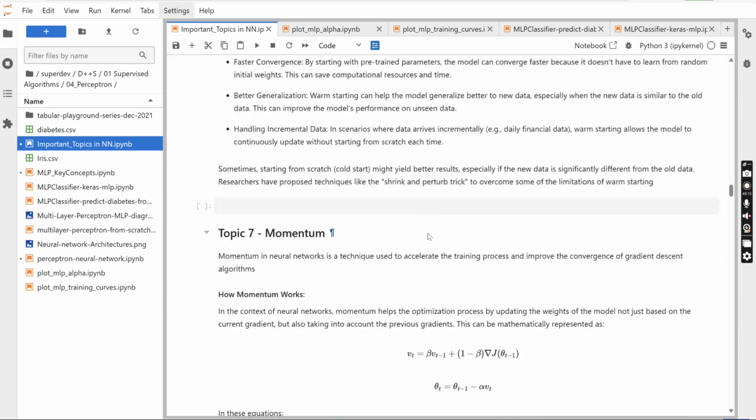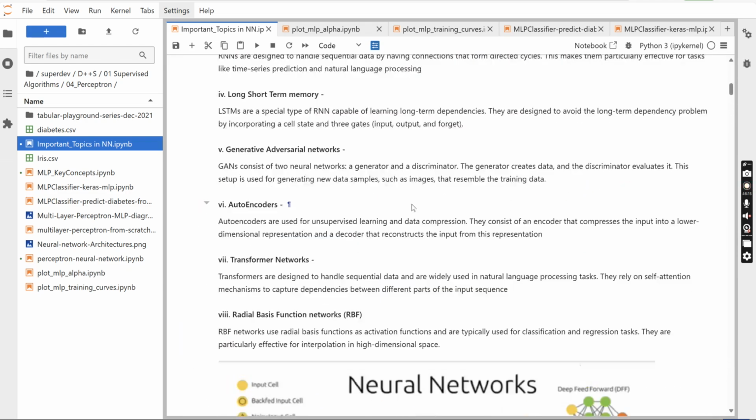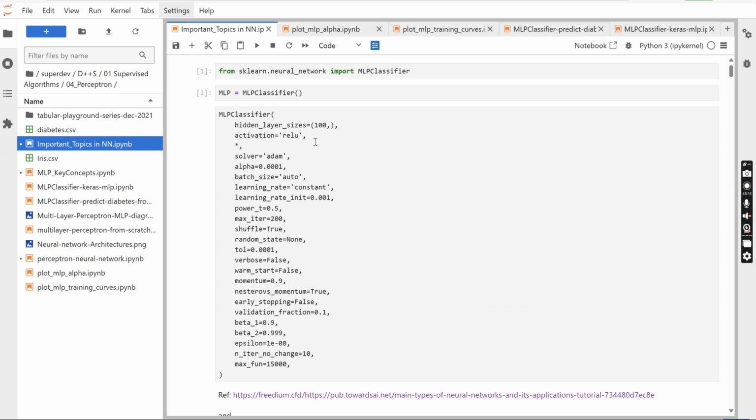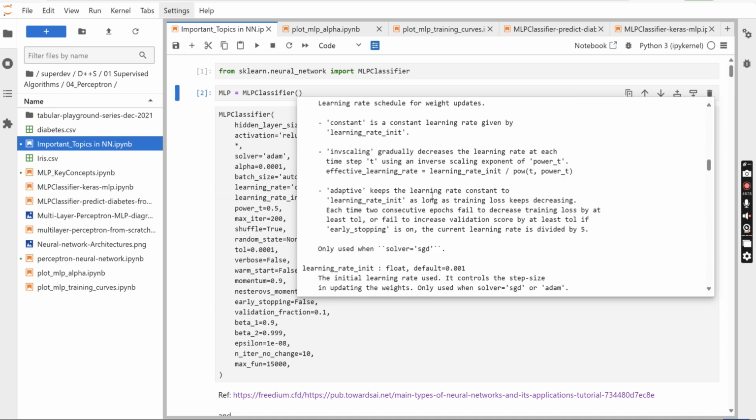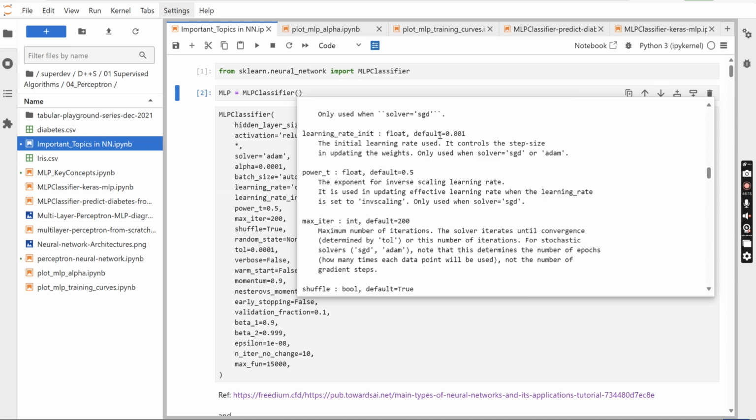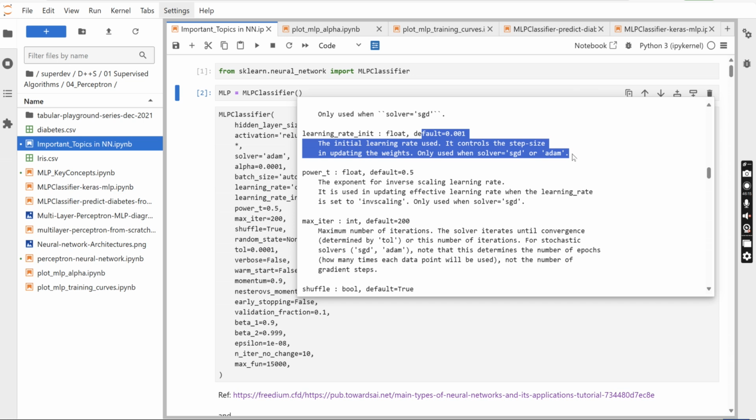Next, there is the concept of learning rate initialization. This is what I was trying to show you. Whether you choose the learning rate as constant or inverse scaling, you also have to provide the initial learning rate value. The default is this value, but it controls the step size.